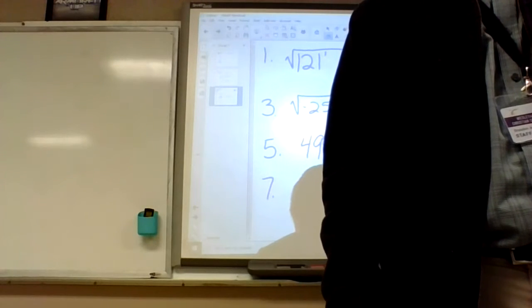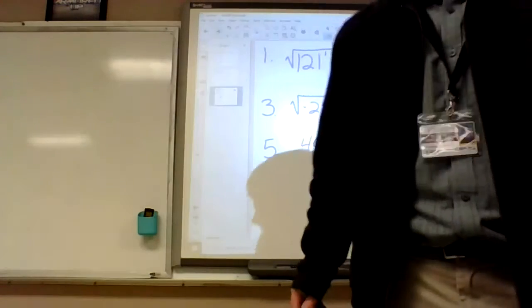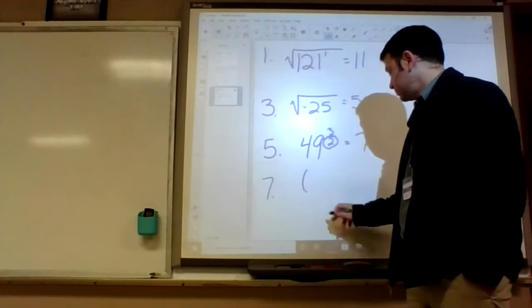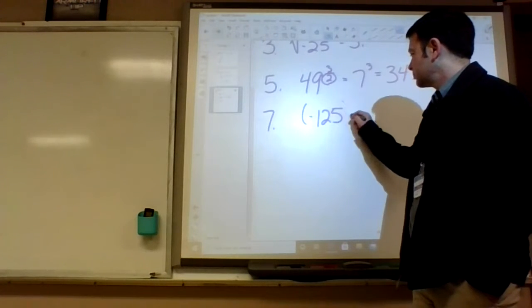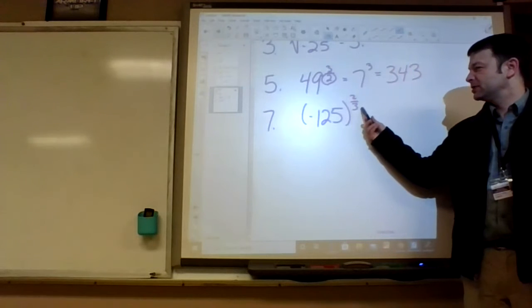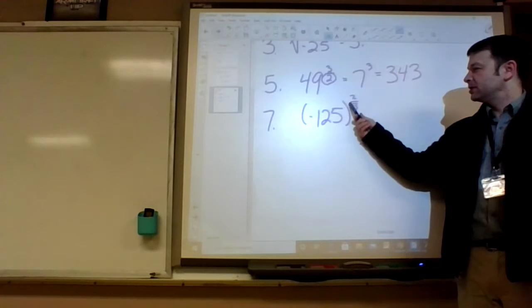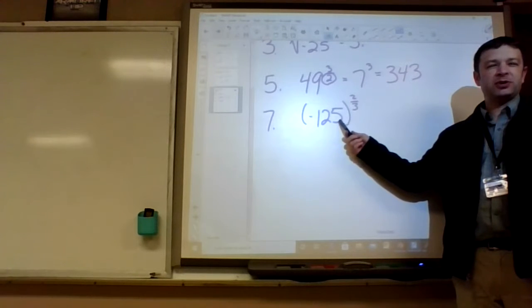Okay, number 7. Negative 125 to the 2/3. Okay, what's this 3 mean? It's the cube root. What's the cube root of negative 125?